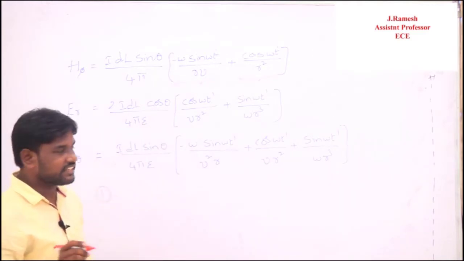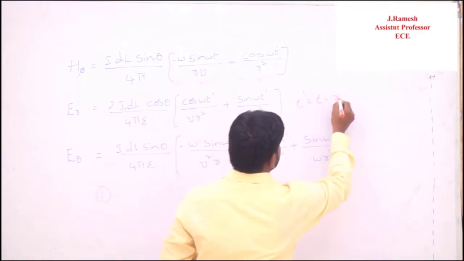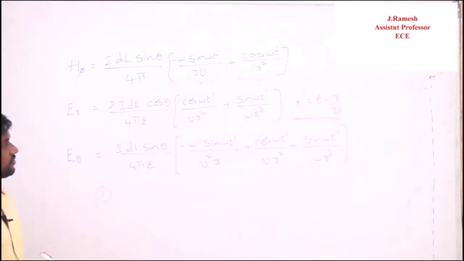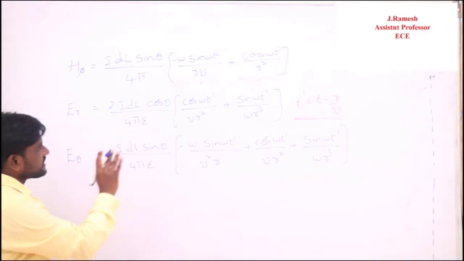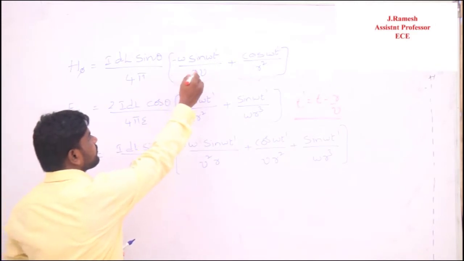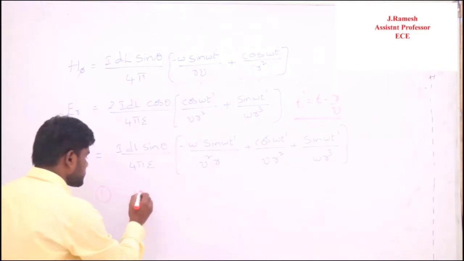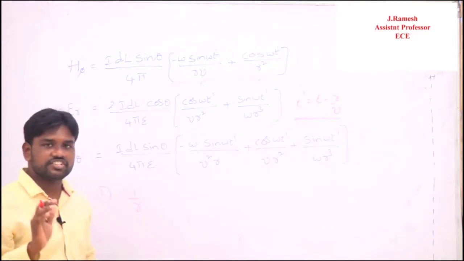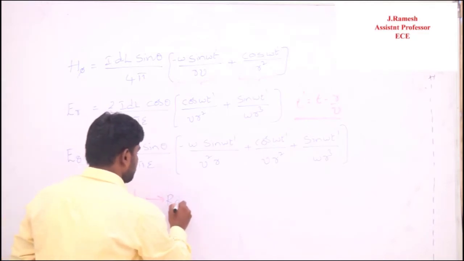Here t dash is commonly taken as t minus R by V, that is what we learned in the previous section. So now t dash is equal to t minus R by V. So what is the first significance from this? The term is inversely proportional to 1 by R. This term you can name as the radiation field. So this implies the radiation field.